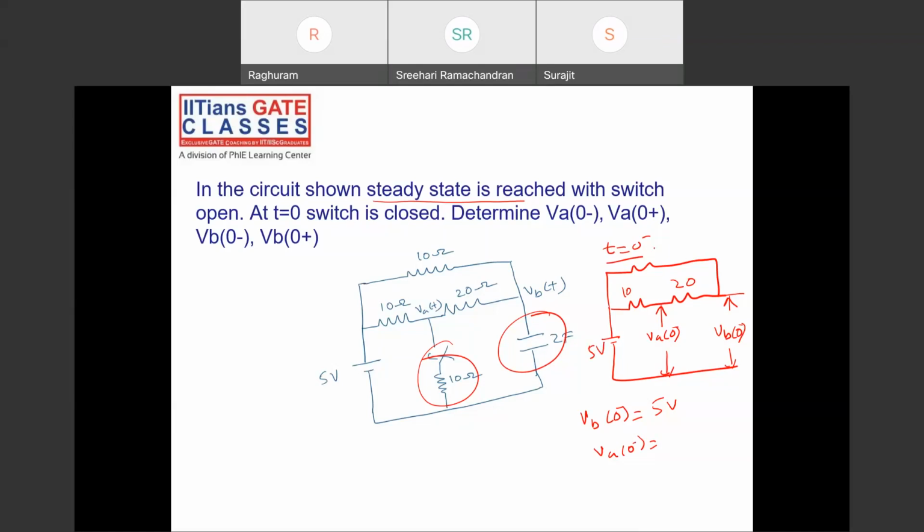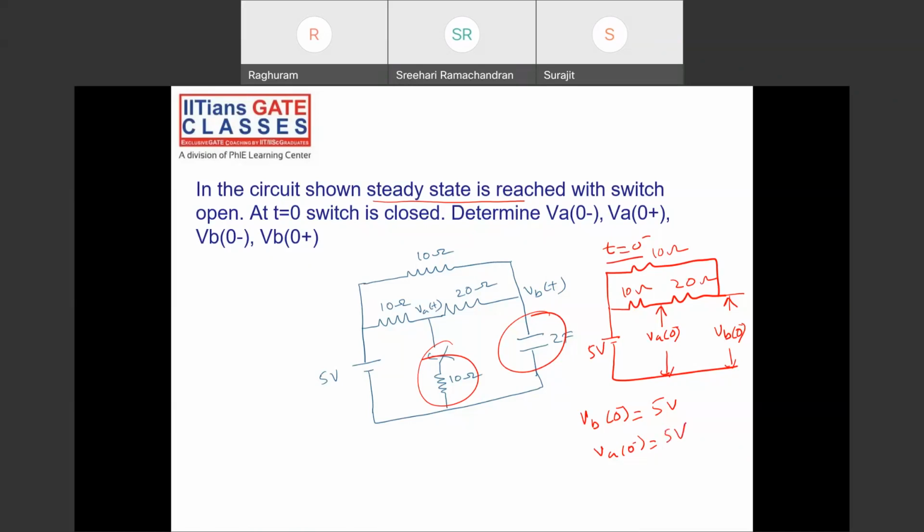But there will still be the voltage division rule? How, sir? Oh no, right. No current flows through this.